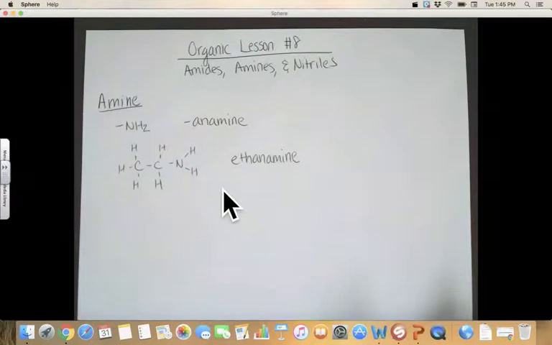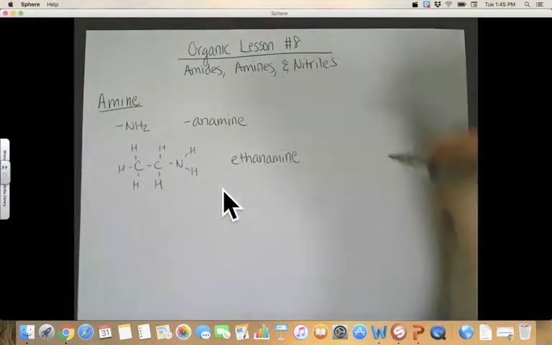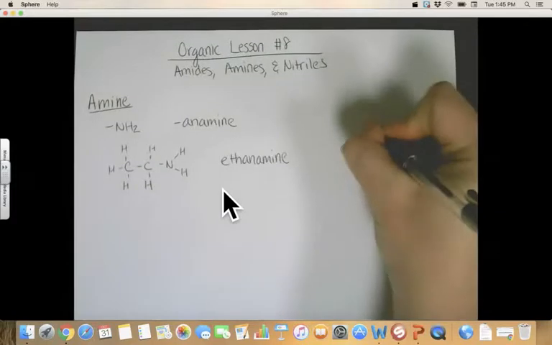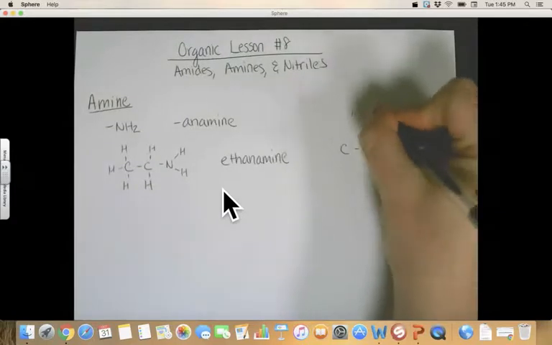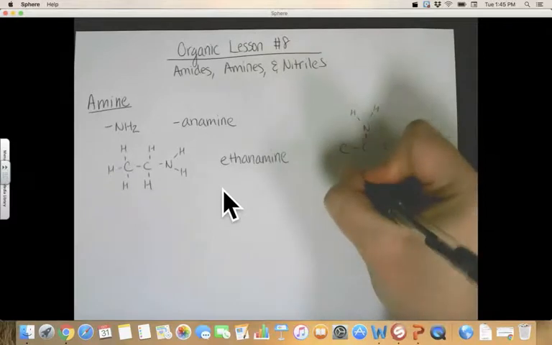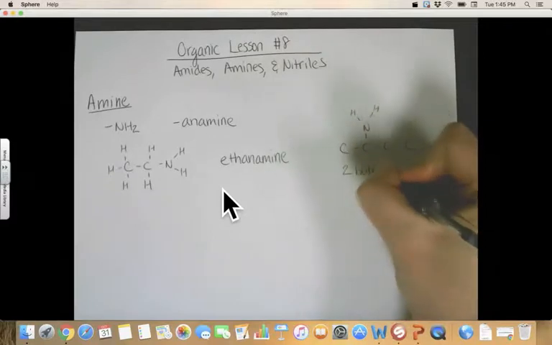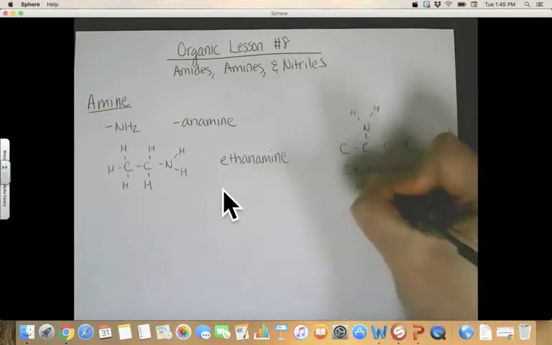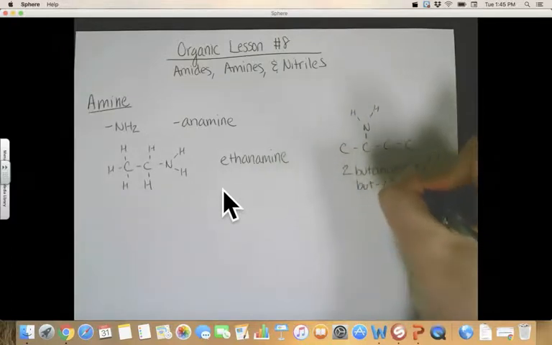And if you need to number them, if you had this, this is butane, this is carbon 2, so 2-butanamine, or butan-2-amine.